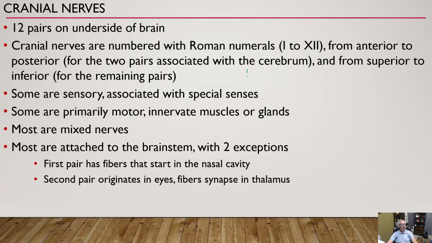Roman numeral 1, 2, 3, and then I'll jump to 5. 5 is the letter V. 4 is 5 minus 1. 6 is 5 plus 1. 7 is 5 plus 2. 8 is 5 plus 3. 10 is X. 9 is 10 minus 1. 11 is X plus 1, and 12 is X plus 2, or 10 plus 2.